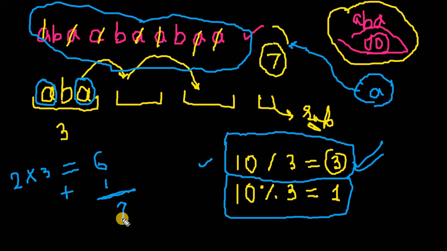I would like to repeat 2 things. We'll first calculate the length of the given string, and after that we'll divide the given number, the size, by the length of the string.